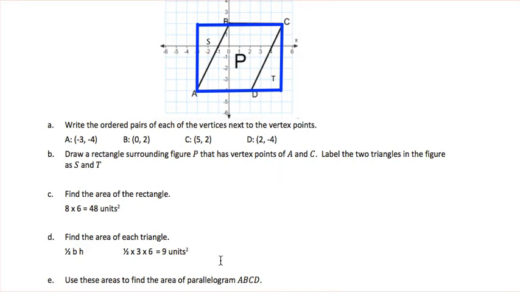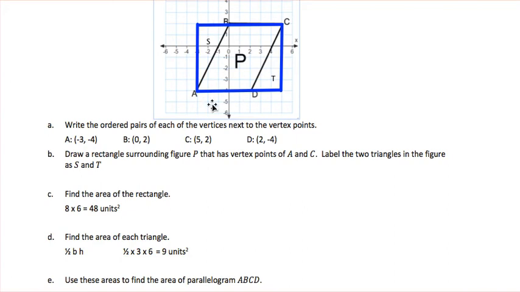Just to be certain, I'll look at triangle T and see if it has the same measurements. 1, 2, 3, that's the same. 1, 2, 3, 4, 5, 6. So it is the same. So each triangle is 9 square units. And then we can use these areas to find the area of parallelogram ABCD.